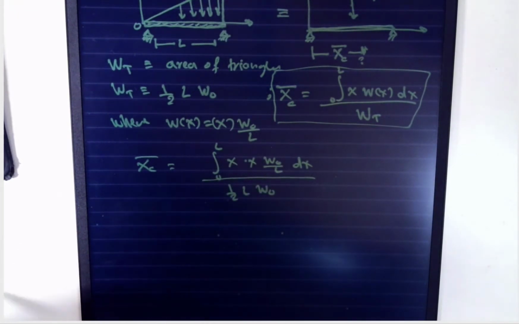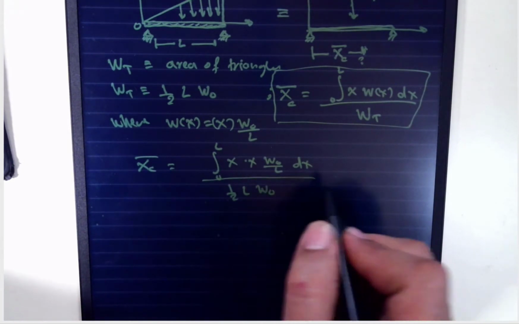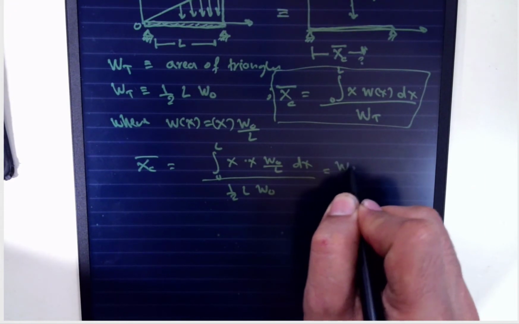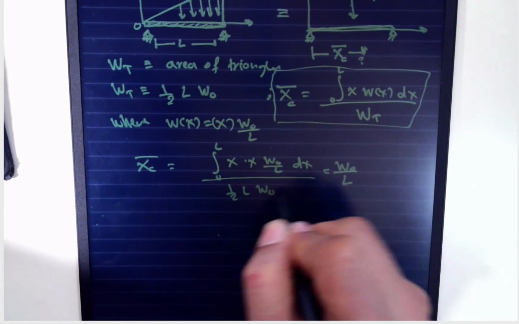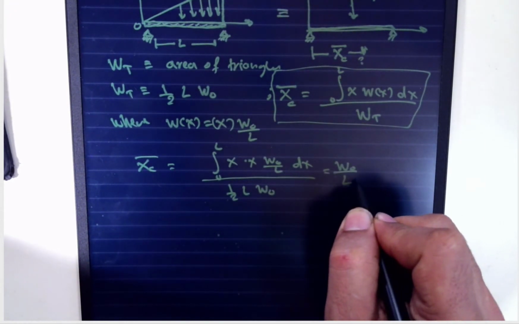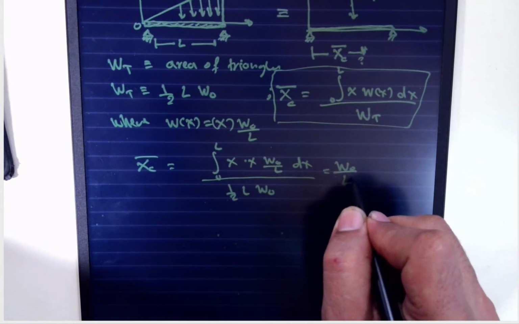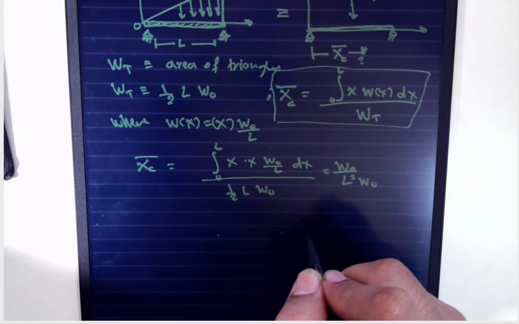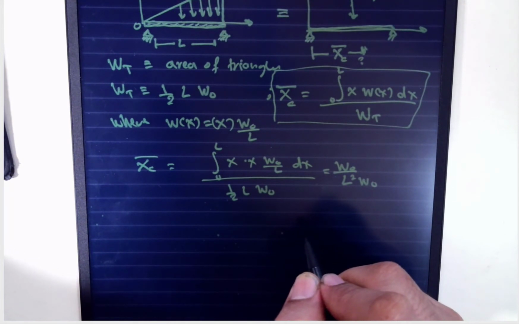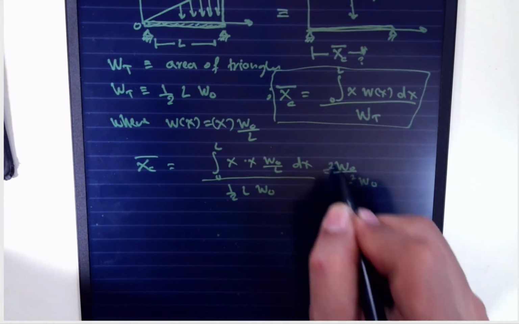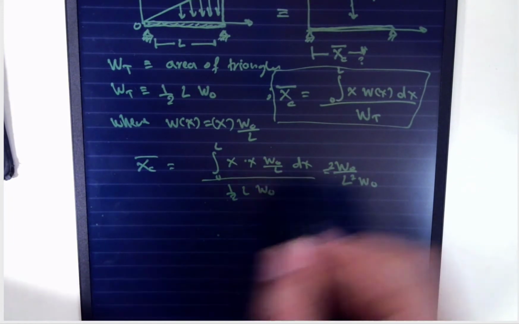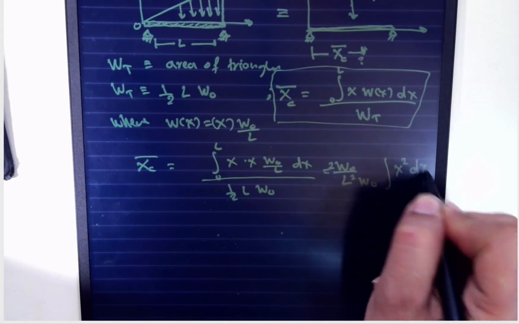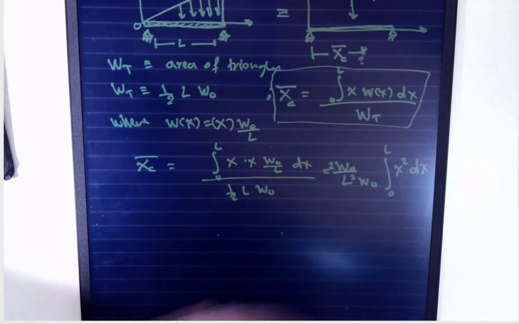So constants go out of the integration, as you know. So this is going to be W naught over L, and this is going to be L squared W naught, and the 2 goes up over here, and we are left with x squared dx from 0 to L.